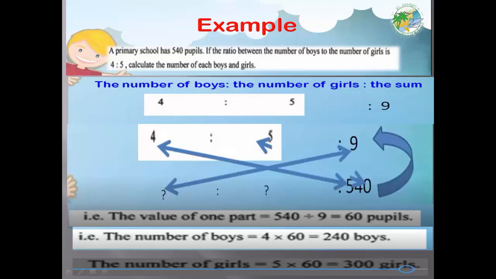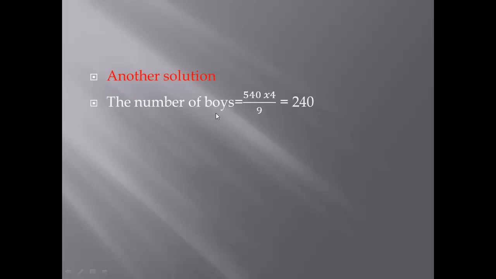Then another method: we can make cross multiplication. 540 times 4 over 9 to find the number of boys, and 540 times 5 over 9 to find the number of girls. The number of boys, 540 times 4 over 9, equals 240. The number of girls, 540 times 5 over 9, equals 300.